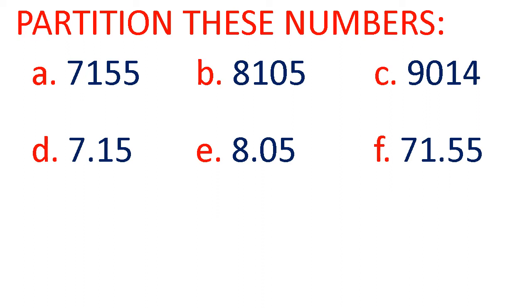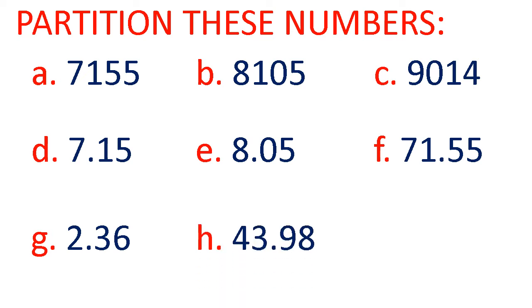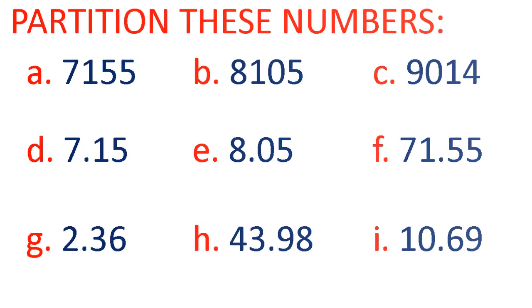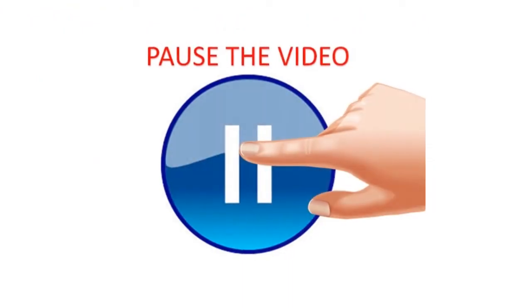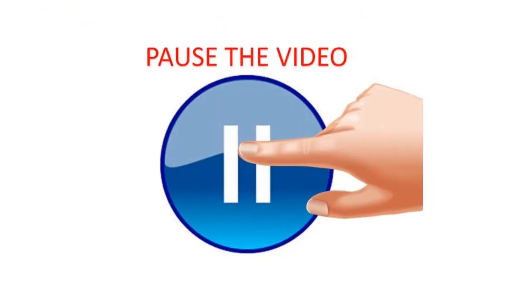G: 2.36. H: 43.98. I: 10.69. Now pause the video and partition the numbers as seen in the examples I showed you.